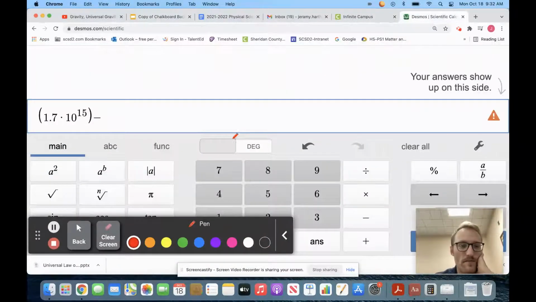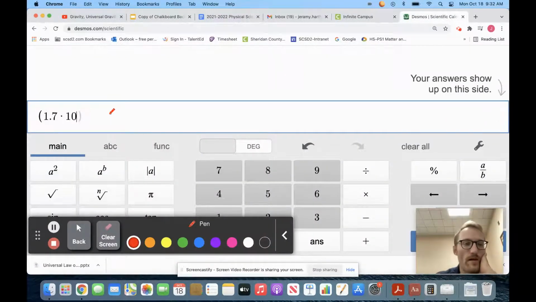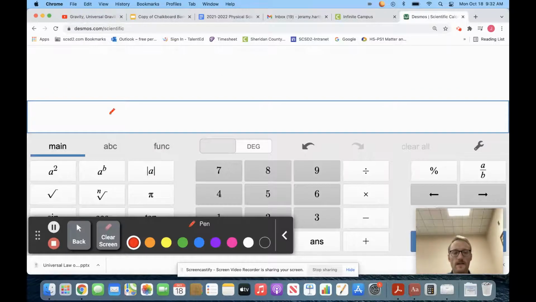Okay, so here's my Desmos. When I plug this in, I literally type it in exactly how I see it written, with parentheses.